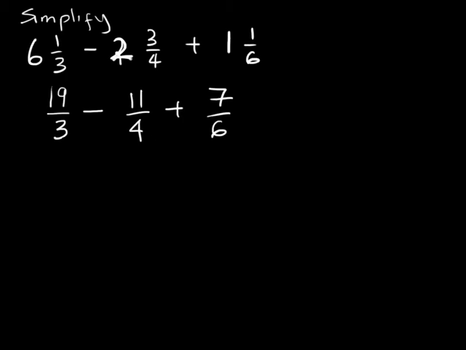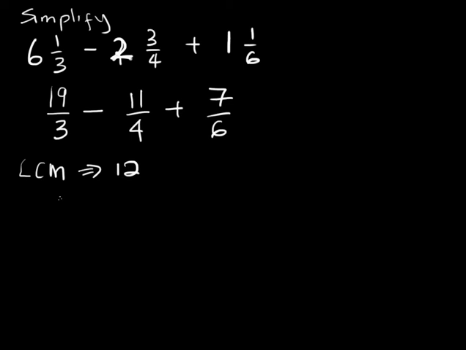And if you investigate these numbers very well, you would see that our LCM is 12. Okay, you see 3 goes into 12, 4 goes into 12, and 6 goes into 12. So we need to multiply each fraction by 1 that equates the denominator to 12.